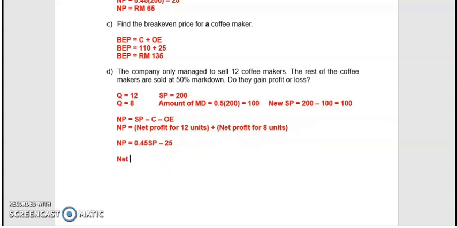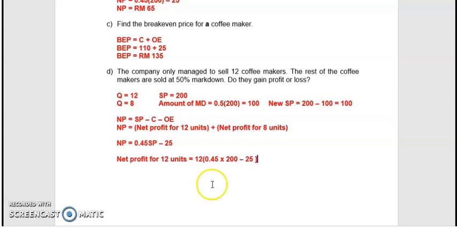So net profit for 12 units. This is for 1 unit, so for 12 units multiply by 12. So 0.45 SP. For the 12 units, the selling price is 200 ringgit. So multiply by 200 and then minus 25.